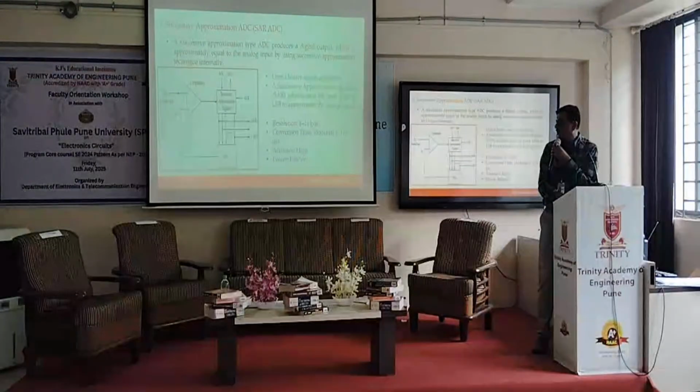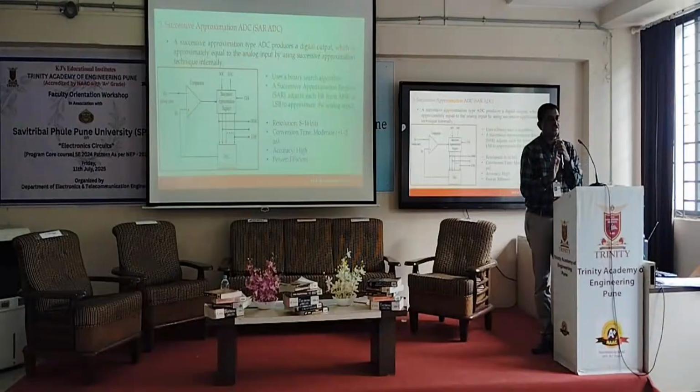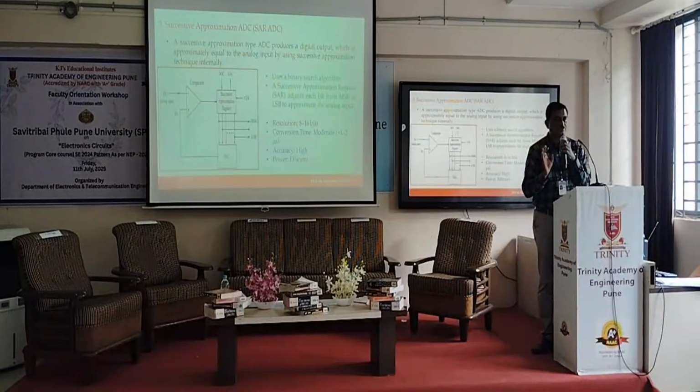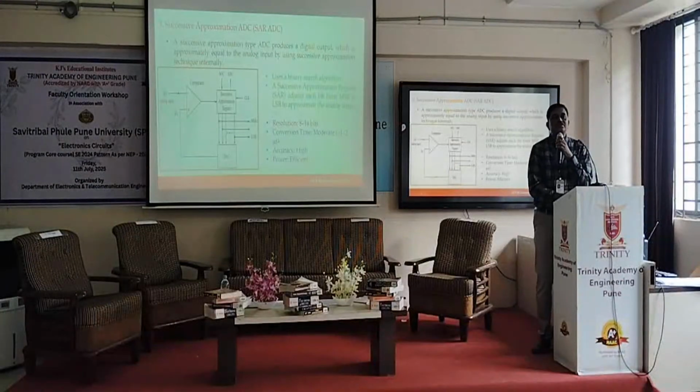When it is accurate, both signals that we have connected to the inverting and non-inverting inputs of the op amp are the same, and at that time the output of the comparator is nothing but 0, and we consider it the end of the conversion, or stop the conversion, and the data available here is nothing but the digital signal. So this is the simple technique that we have considered for the converter.